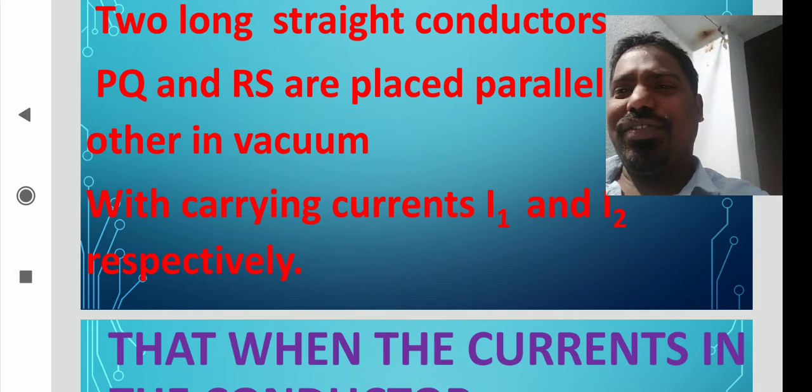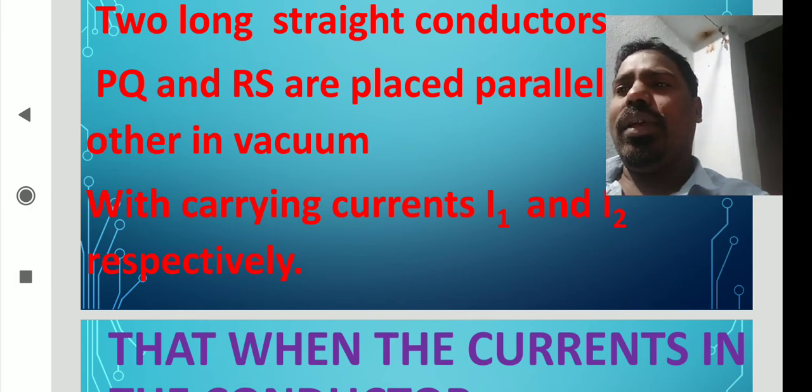The current is defined as I1 for the PQ conductor and I2 for the RS conductor.